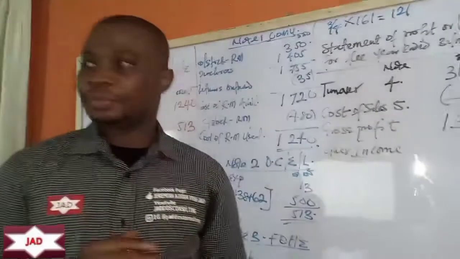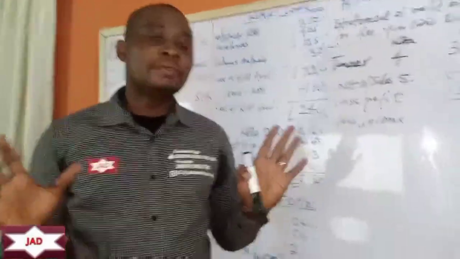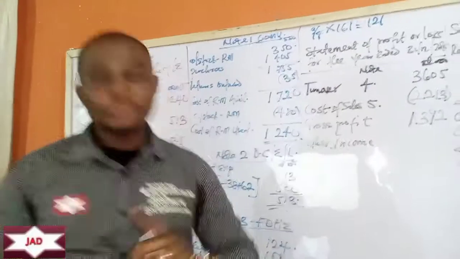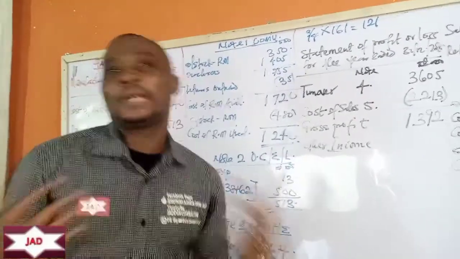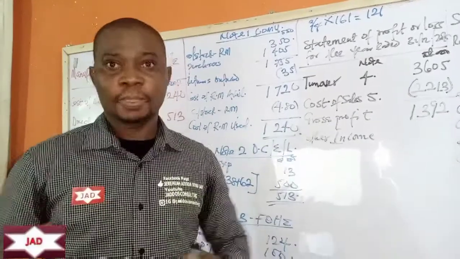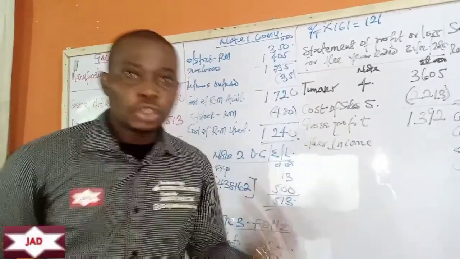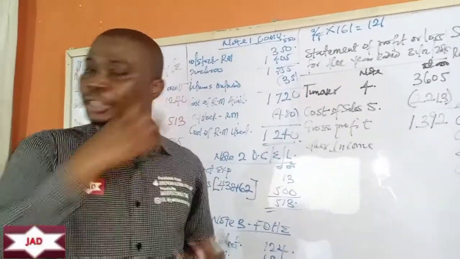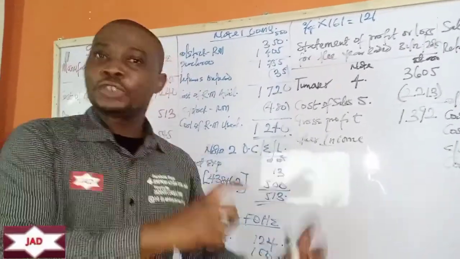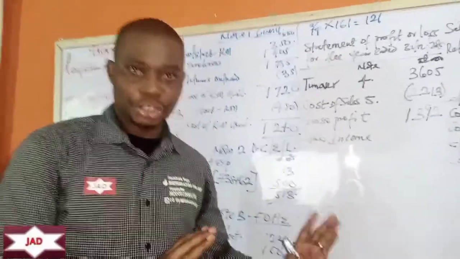But let me say something. Now remember, any question where you have provision for doubtful debt, or provision for bad debt, or allowance for doubtful debt or bad debt, and then there's an adjustment, when you're trying to treat your other income, you must be sure that the adjustment on the provision for bad debt is an expense before you proceed.